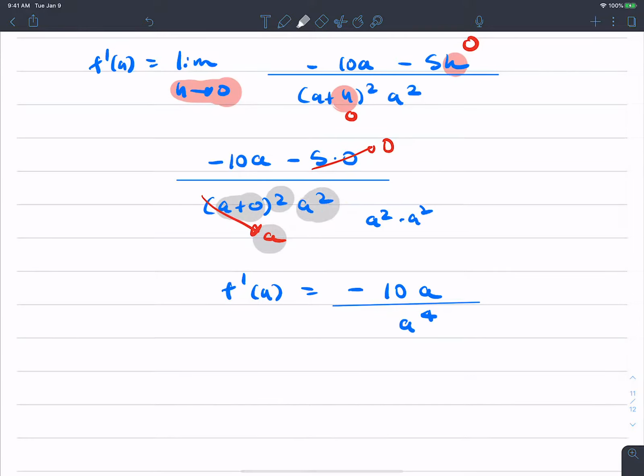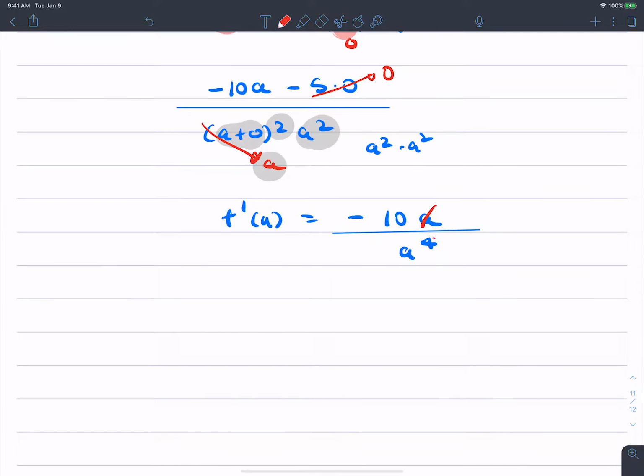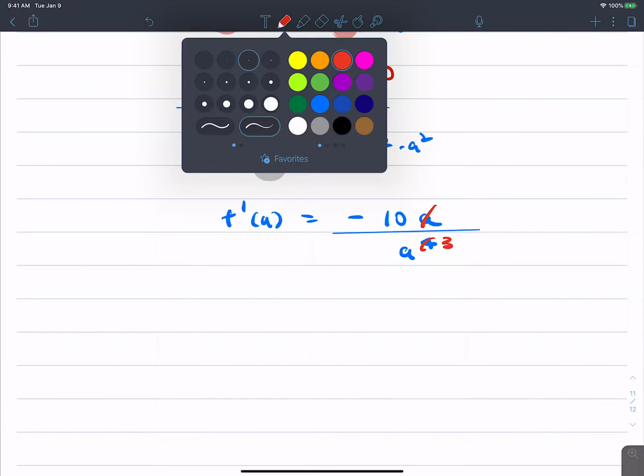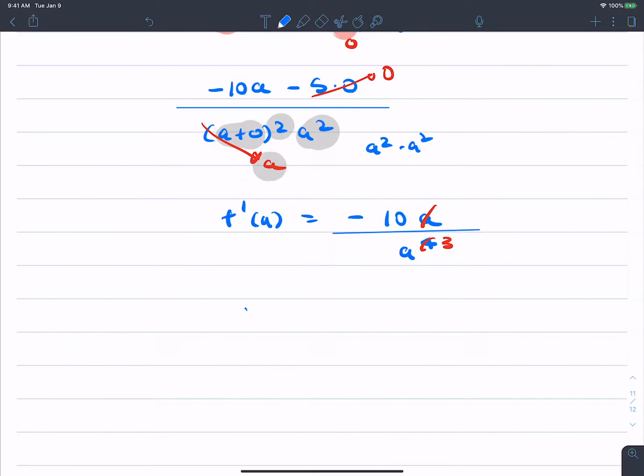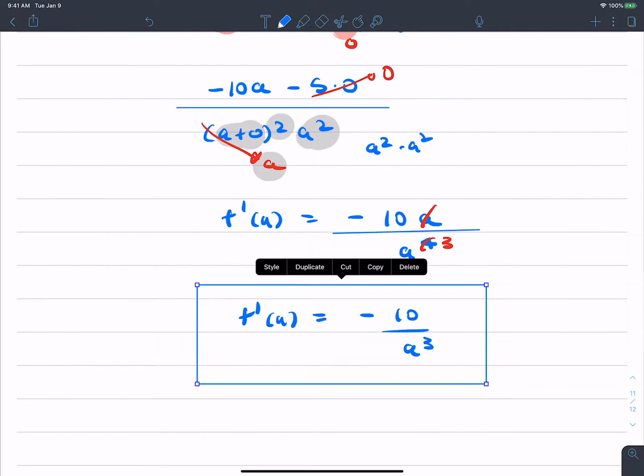And then it's multiplied by a squared. So you get a to the 4th down there. Now, you can simplify here, ladies and gentlemen, that a does cancel with one of the a's down there. So f prime of a becomes negative 10 over a cubed. There you go.